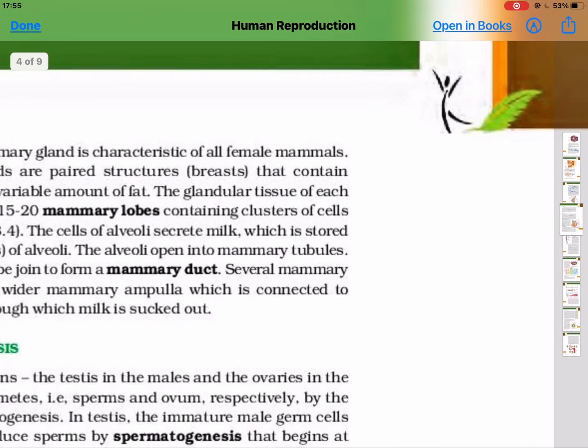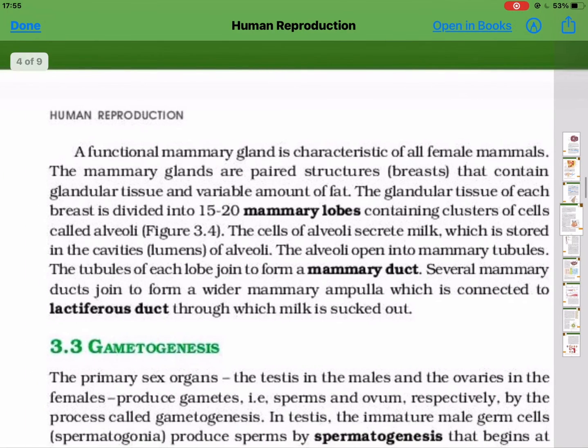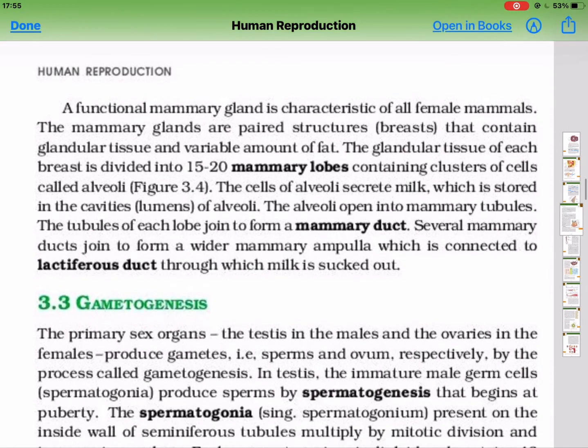Now, next topic is mammary glands. A functional mammary gland is characteristic of all female mammals. Mammary glands are paired structures that contain glandular tissue and a variable amount of fat. The glandular tissue of each breast is divided into 15 to 20 mammary lobes containing clusters of cells called alveoli.